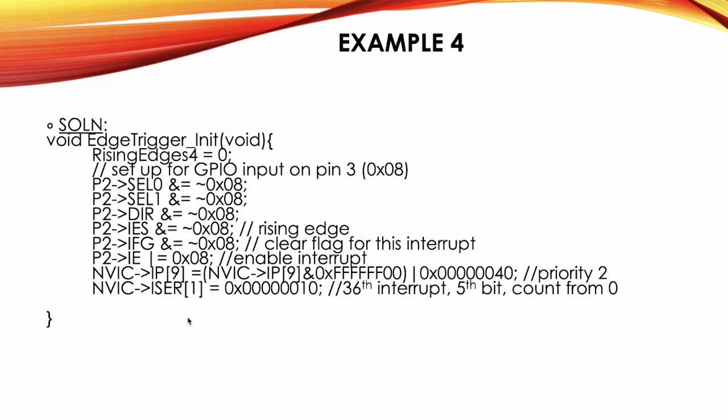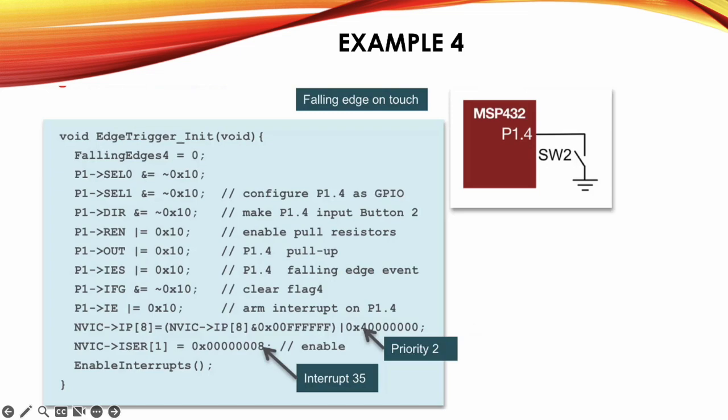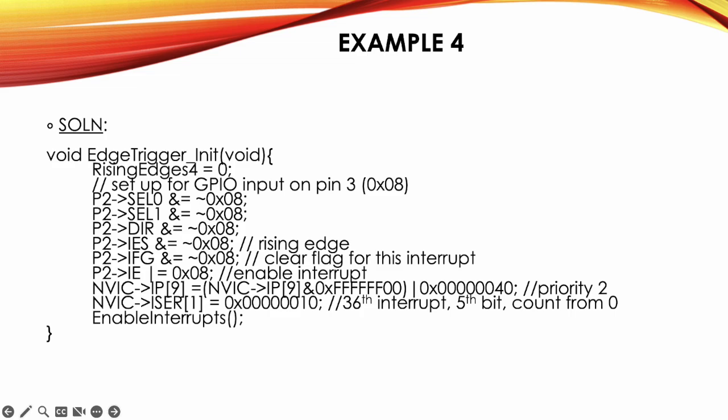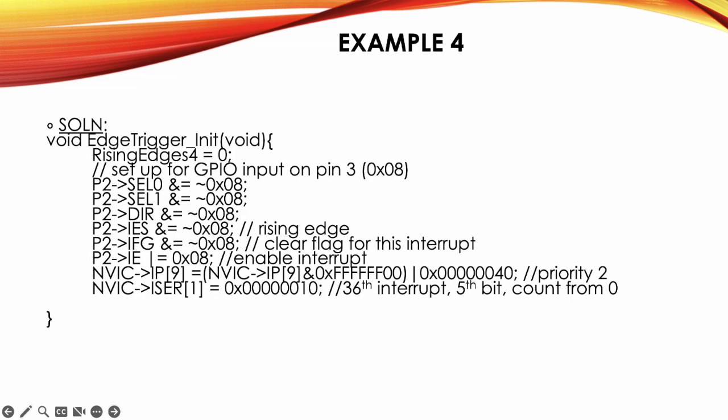And then the next thing I need to do is actually set the ISER. If I go back several slides to this one, this is the enable. So I need to enable the correct one. So again, let's return. Here I want to do the 36th interrupt.